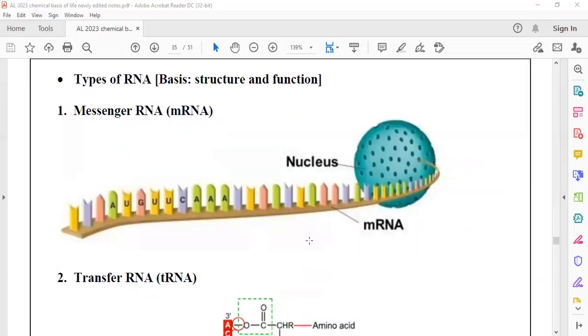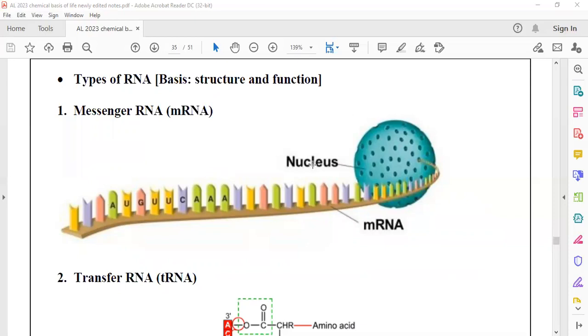In the RNA, there are 3 types of RNA. Here, I have given a little bigger pictures. Are the pictures clear? The pictures I sent you? Yes.